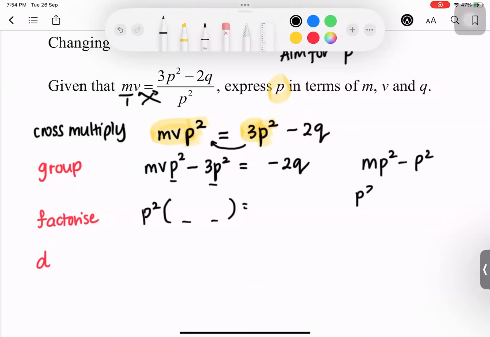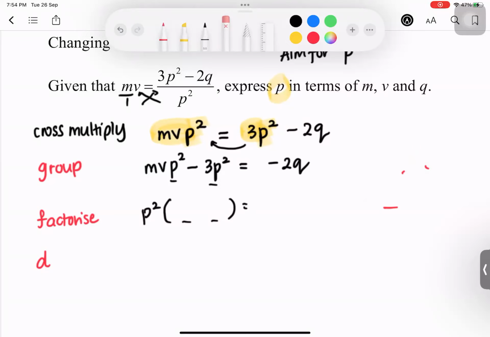Then you factorize out p squared, you tell me left m, then you don't know what's that. Actually, down here, if you have something like that, this one is a 1, so this one will be minus 1. Just in case the teacher tests something like that. If it's just p squared only, that is actually a 1. So if you have two terms here, your bracket must also have two terms. Is that okay? So take note.